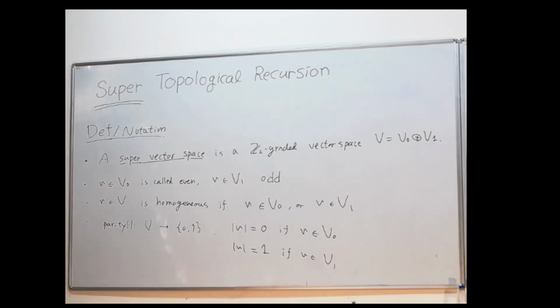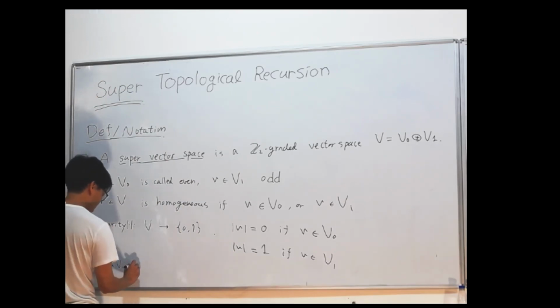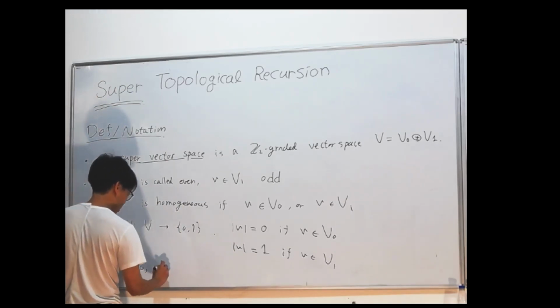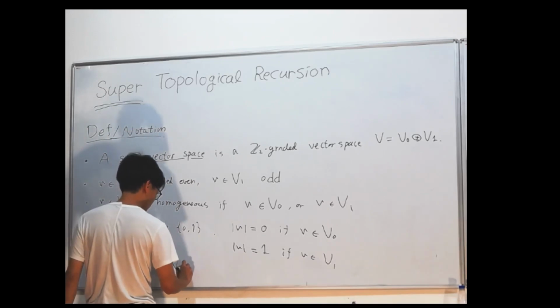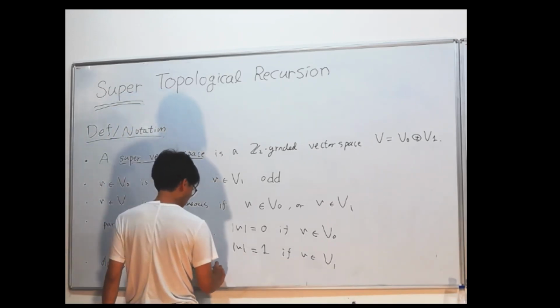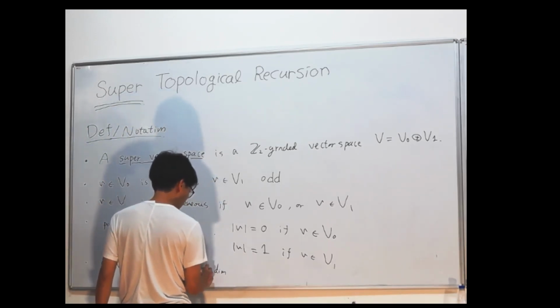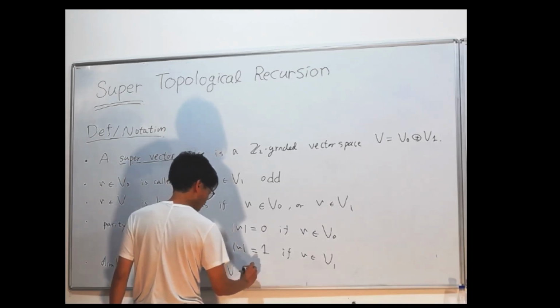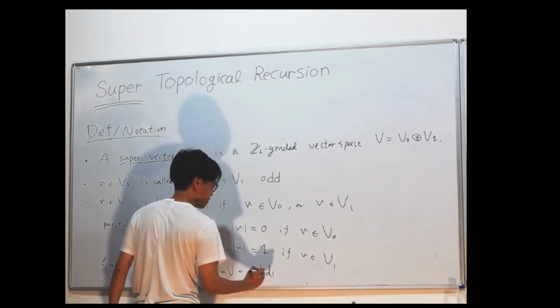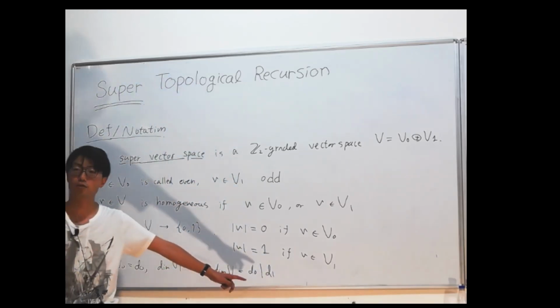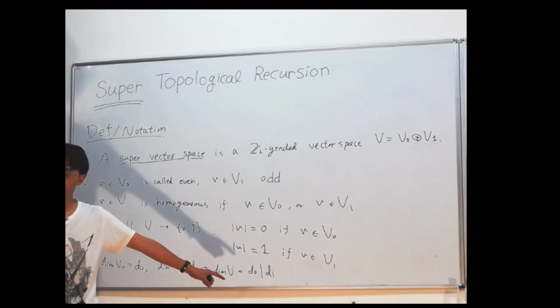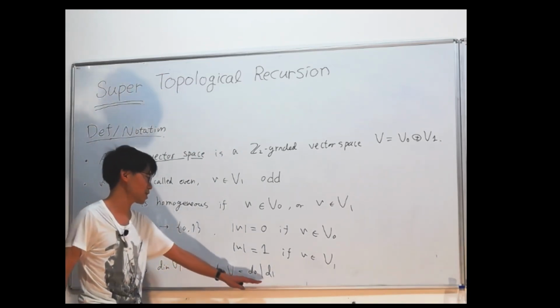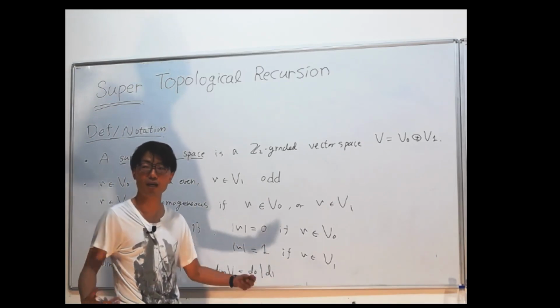All right, so the last thing: let's say the dimension of V_0 is d_0, and the dimension of V_1 is d_1. Then we denote the dimension of V as d_0 slash d_1. This slash notation appears everywhere. Sometimes the slash means how many bosonic elements you have.